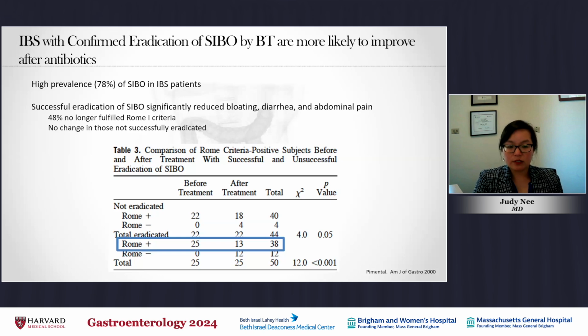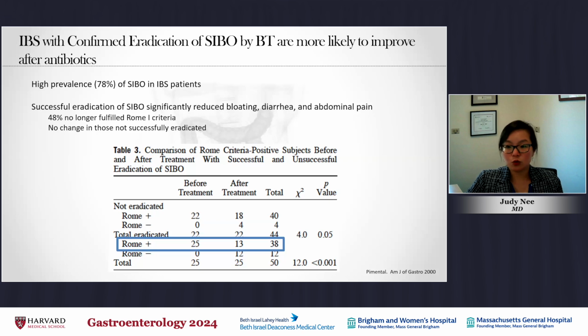What they found was that almost 80% of patients with IBS had SIBO. And that successful eradication, meaning the lactulose hydrogen breath test became negative after the antibiotics, significantly reduced bloating, diarrhea, and abdominal pain, such that 50% of patients actually didn't fulfill criteria for IBS anymore.